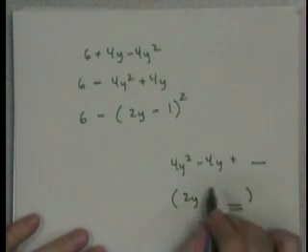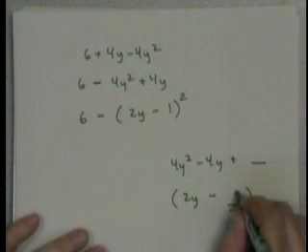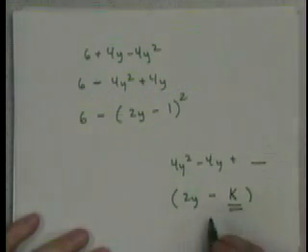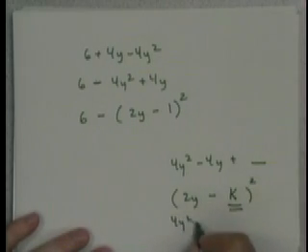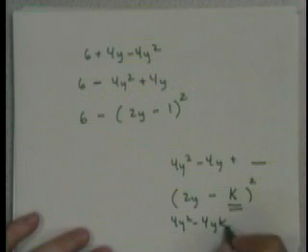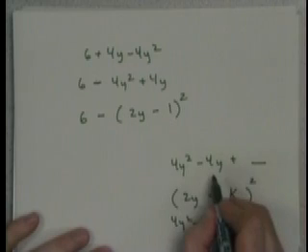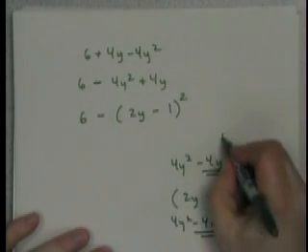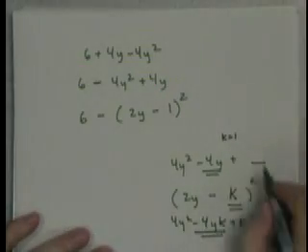So if you think of this as some constant k, when I square this out, I get 4y squared minus 4yk plus k squared. So if 4yk has to match 4y, then k has to be 1, and then k squared is also 1.